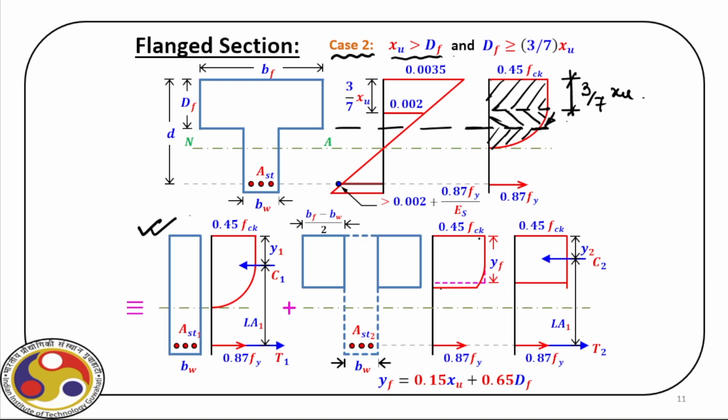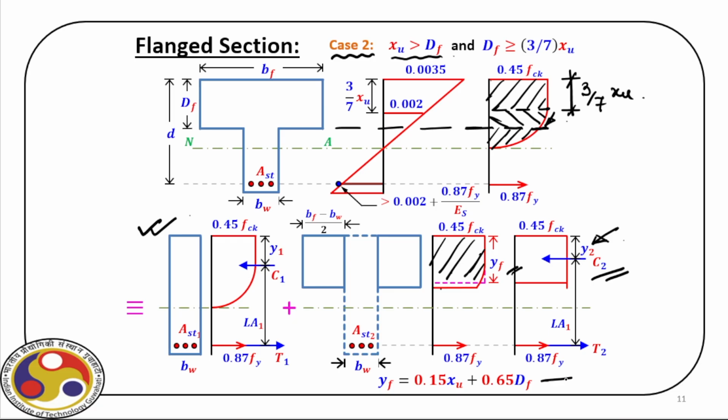Now that we simplify using the equivalent rectangular part, and once we find this, we can easily evaluate what is C2 and what is Y2. Y2 will be half the distance of this. Okay. So what is YF?